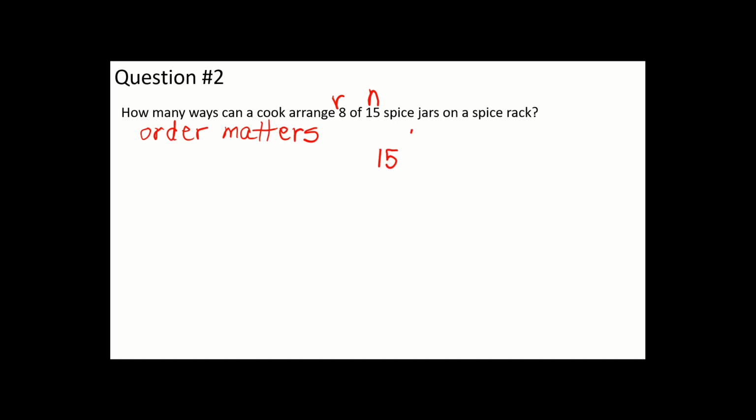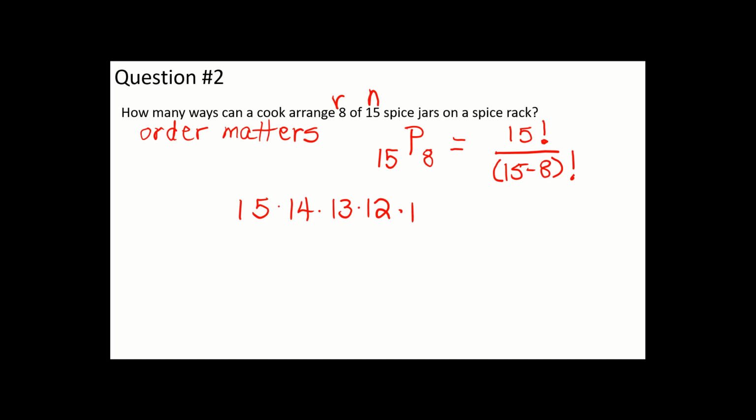So we're going to use our permutation formula. 15 permutations of 8 can be written this way: n factorial over n minus R factorial. If we write it out, it's 15 times 14 times 13 times 12 times 11 times 10 times 9 times 8 times 7, and I'll stop at 7 factorial because 15 minus 8 is 7.